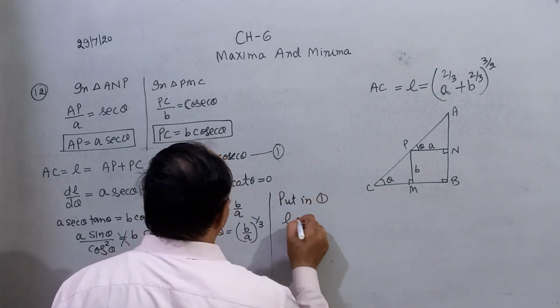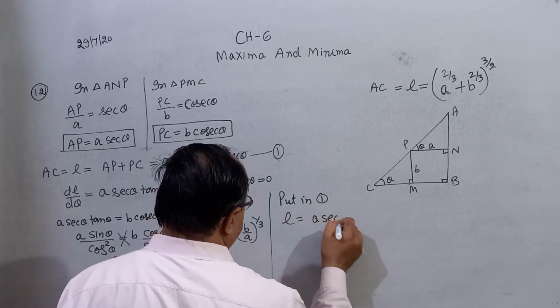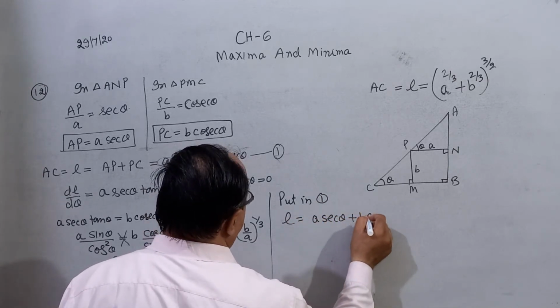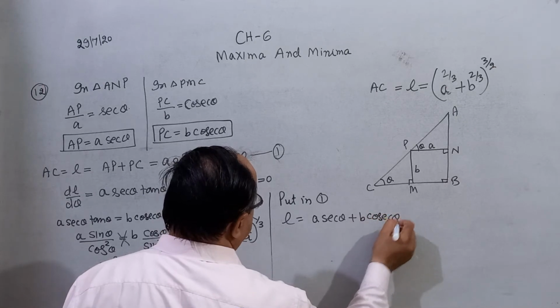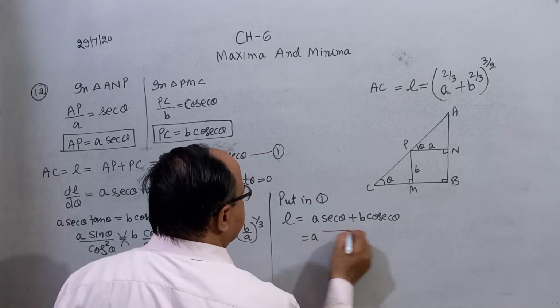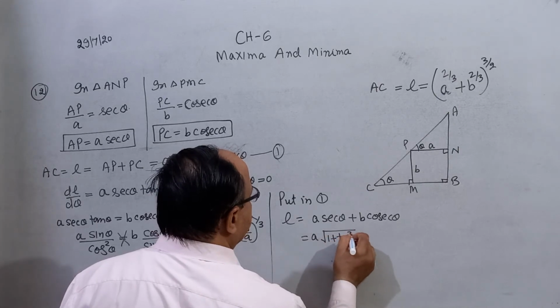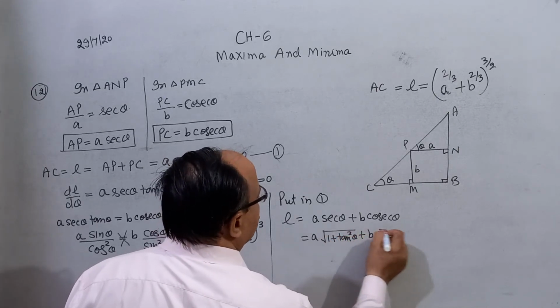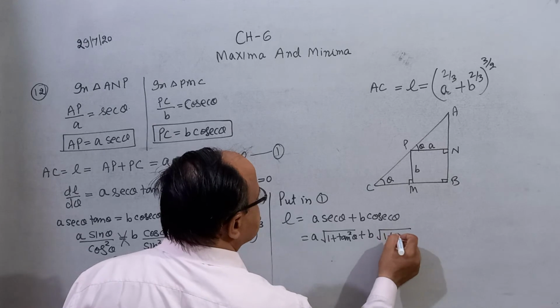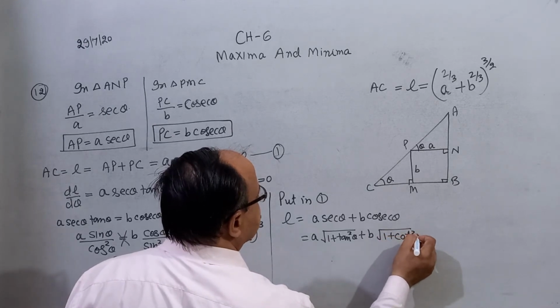You know that length is equal to A sec theta plus B cosec theta. In place of sec, you can write root of 1 plus tan square theta, and in this place, root of 1 plus cot square theta.